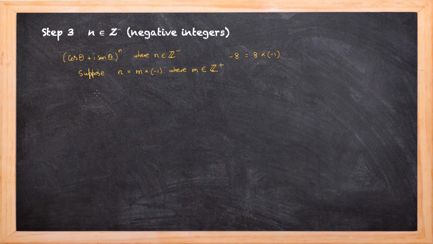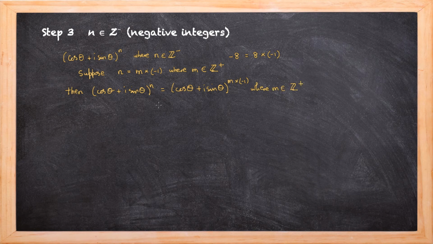So (cos theta plus i sine theta) to the n, a negative integer, can be written as (cos theta plus i sine theta) to the power m times negative 1, where m this time is a positive integer.